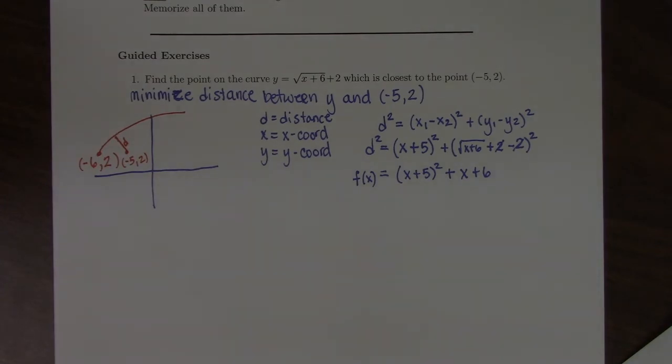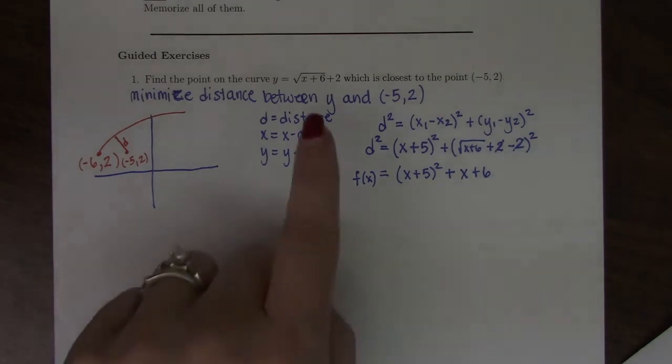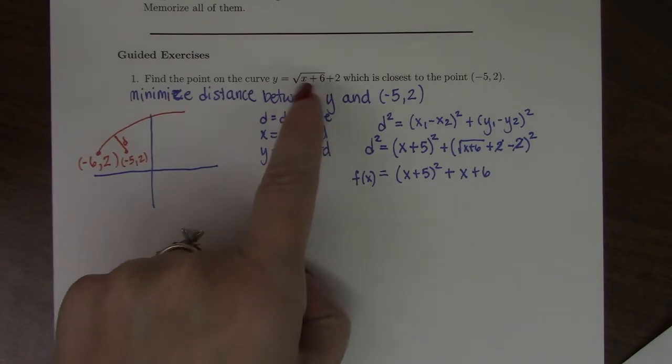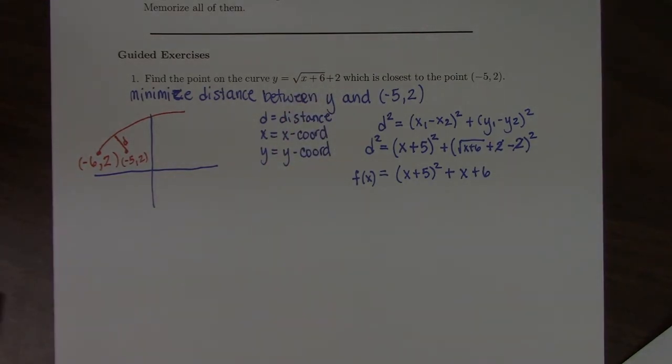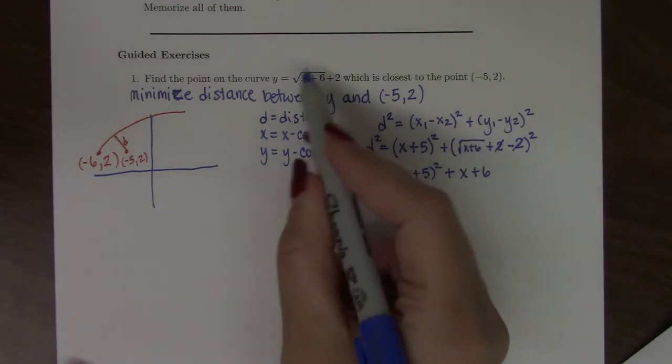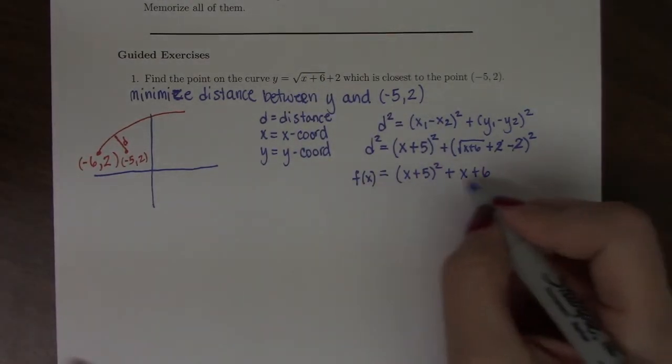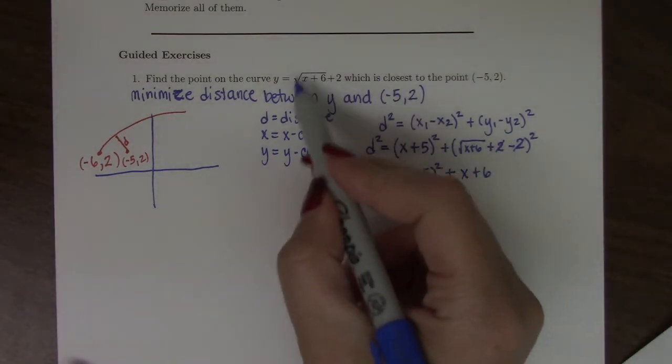But now I need to figure out, what's the domain of this function? Because the final point lives on this graph, it can't have an x value that's not allowed to be plugged into here. So I'm going to use the fact that there's a domain restriction on this and set up the domain for x, because x, the variable here, is the same x that's in this.